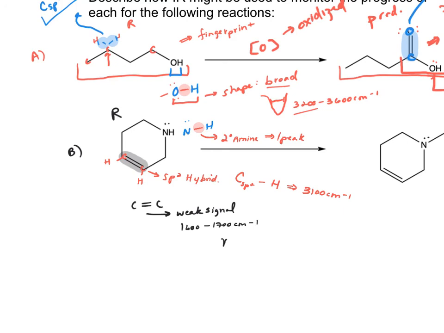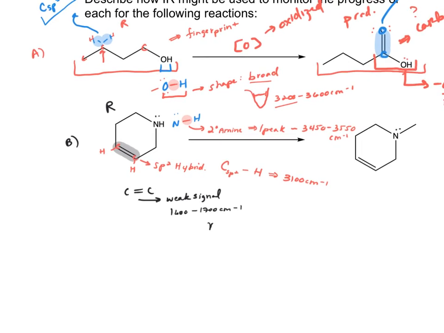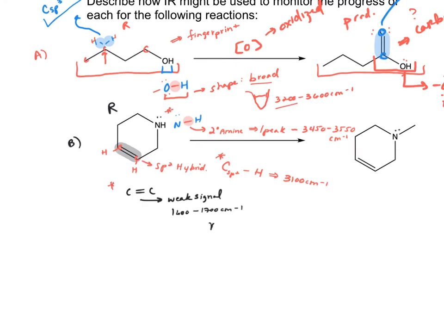In the secondary amine, we would expect this at about 3450 to about 3550 inverse centimeters. Those are the three things that we would expect to find in the diagnostic region for our reactant.